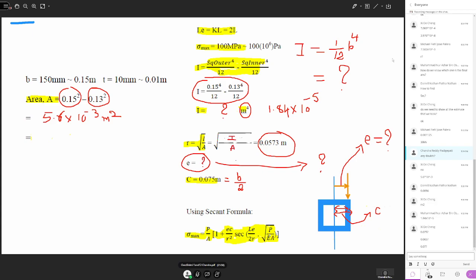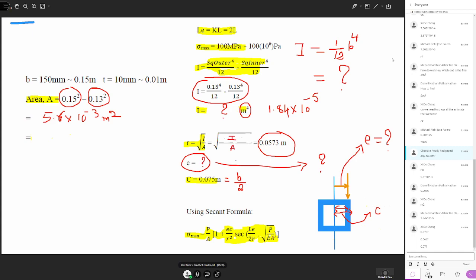Yeah, that's right. So eccentricity, you can take it as 0.07. That is where the load is acting with respect to the neutral axis. Whereas C is simply from the neutral axis to the farthest point on the cross section, which will be just B by 2. So B is 150 mm, therefore C will be half of that.